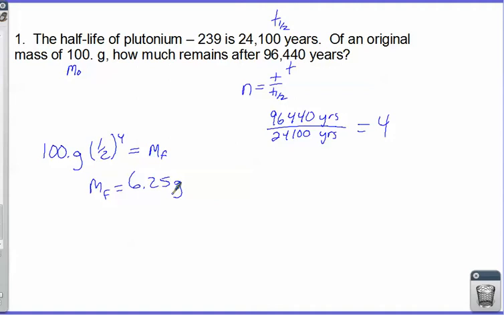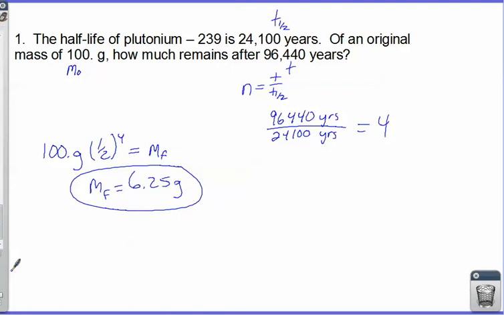So again, this one has a really, really long half-life. It's kind of somewhere in the middle in terms of length of half-lives. It can be kind of all over the place. So this would end up being our final answer. I have 3 significant figures because I started with 3 significant figures for my initial mass.